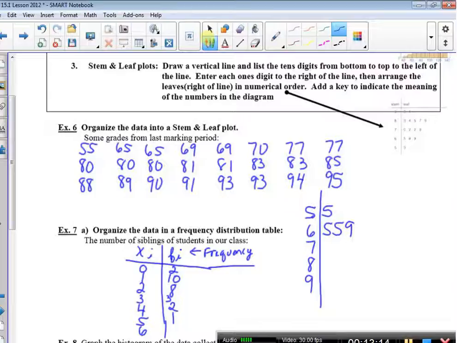So the 9 from the ones digit and another 9, and then there's a 70, 77, 77, and then there's an 80, an 80, and an 80, and an 81, and an 81, and an 83, and an 85, and an 88, and an 89, and then there's a 90, 91, 93, 93, 94, and 95. So you can see that there's more 80s than 90s, but there's more 80s and 90s than there were 70s, 60s, or 50s. So that's a stem and leaf.